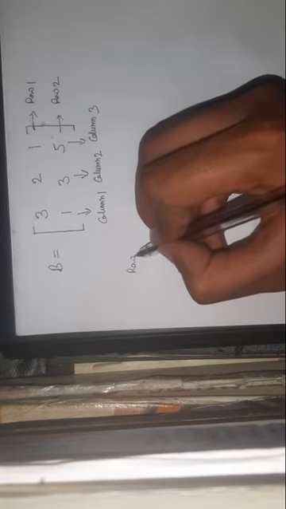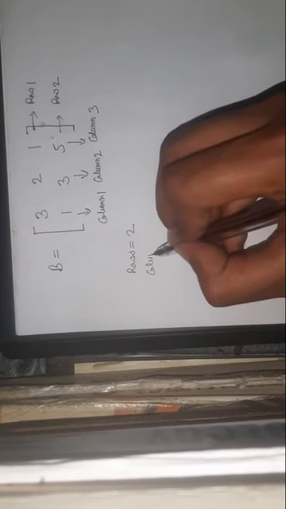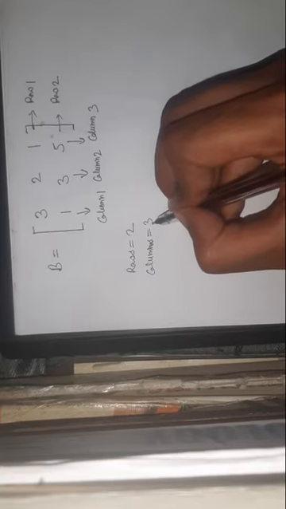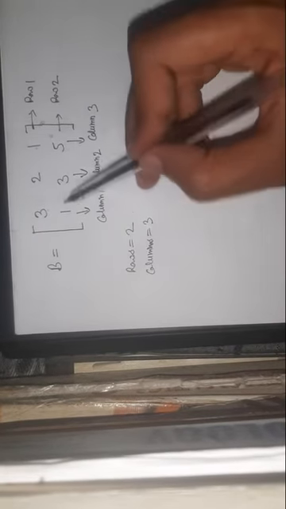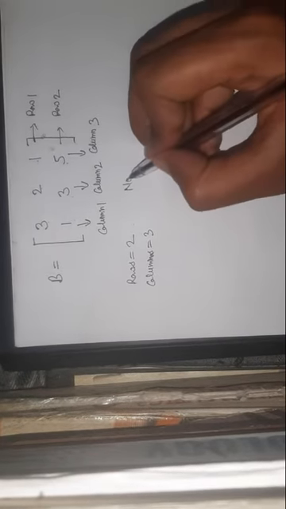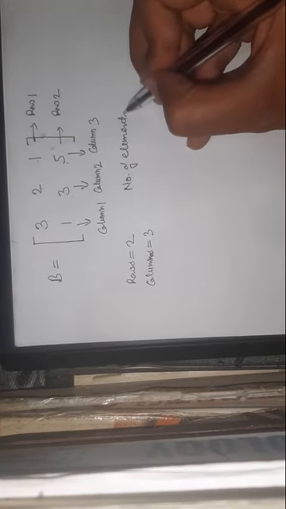So rows is equal to 2, columns is equal to 3, and all these entries are known as the elements. Number of elements is equal to 6.